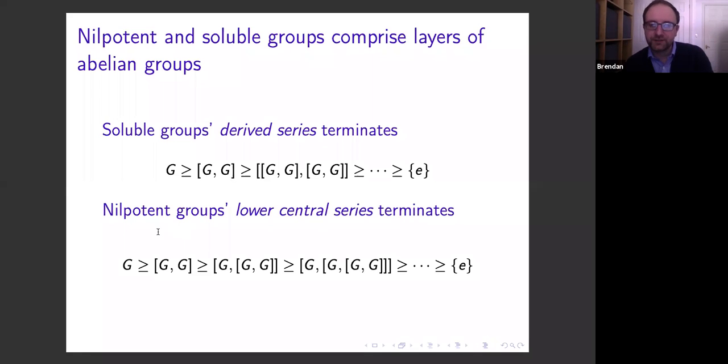A more restrictive condition is that your lower central series terminates, in which case your group is nilpotent. The lower central series is formed by taking one more commutator with the previous level. You start with G and take the commutator with G, and then you take the commutator subgroup of G and the previous term, and so on. The quotients at each level are abelian, and the central series has a slightly nicer property that we won't discuss in detail here.